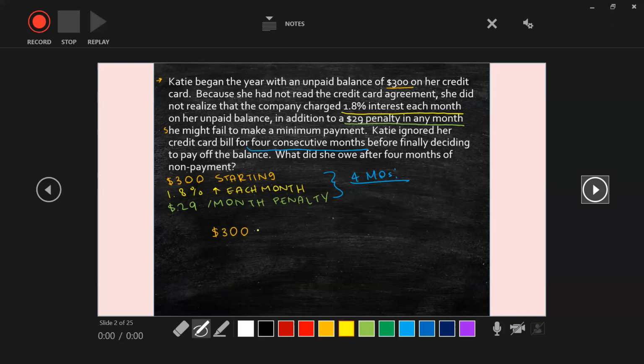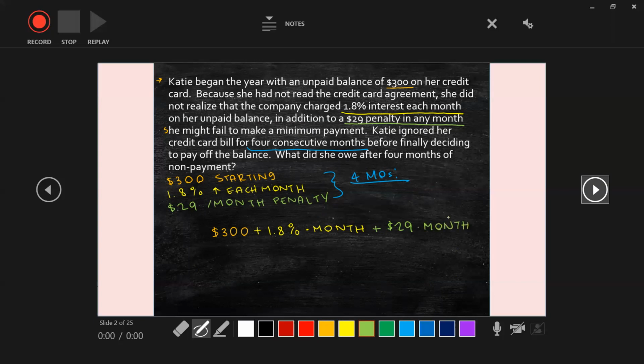Then we're adding 1.8% per month, plus $29 per month.